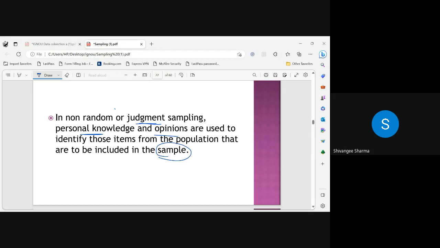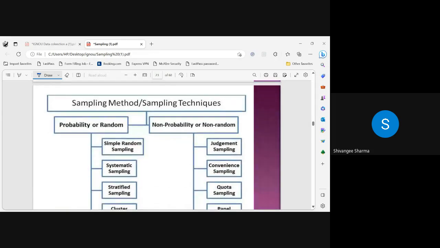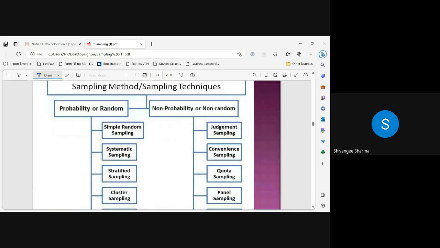In every research, you cannot use probability sampling because of constraints of the environment or of the population. Then you go to judgment sampling or non-random sampling. Now, these are the simple methods of sampling: probability or random sampling and non-probability or non-random sampling.